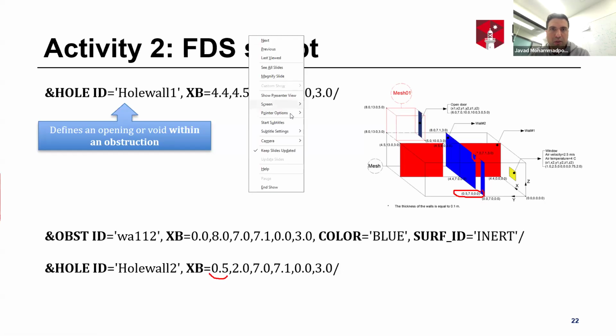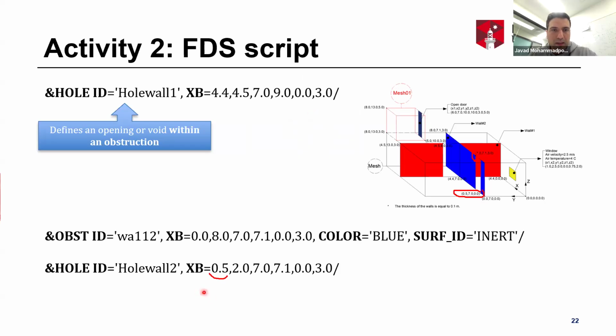So I need to, yeah, this one is the min. This one is the max, minimum X, maximum X. Minimum Y, as you can see, is 7. What is the maximum Y? It's 7.1.